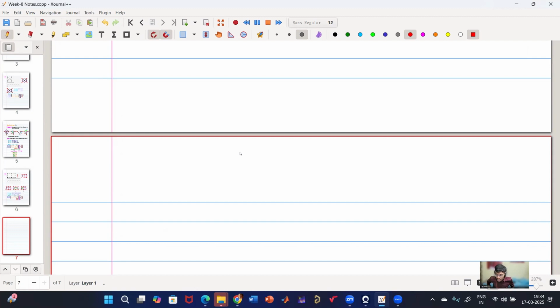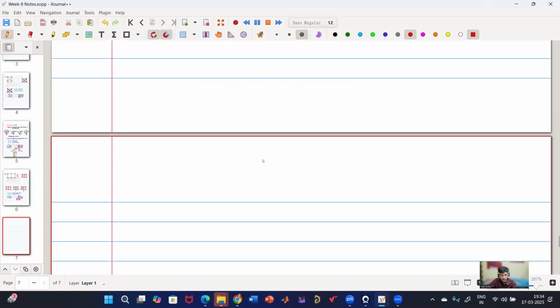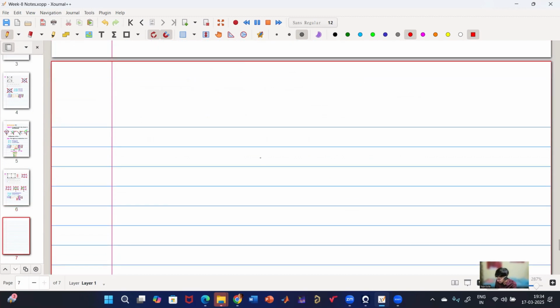Yeah. So now let us quickly go to another important topic, which is the cut set method. So this is the fundamental tie set matrix. Now we are going to the fundamental cut set matrix.